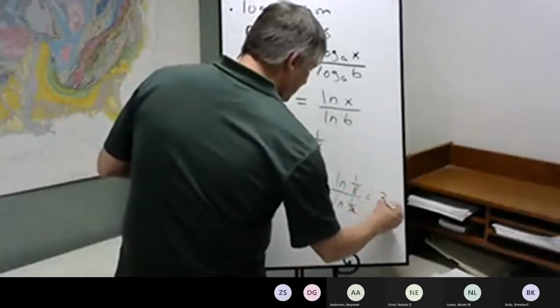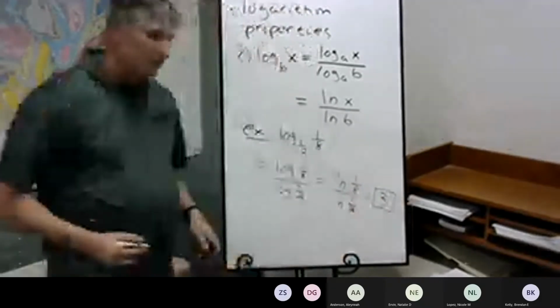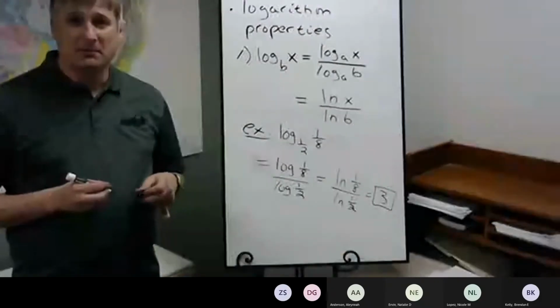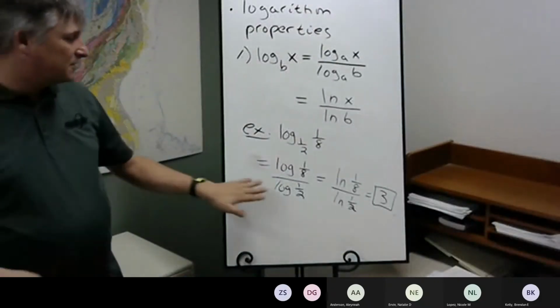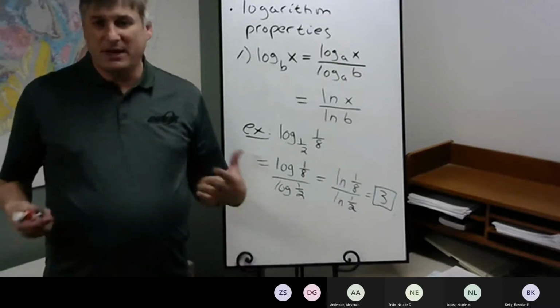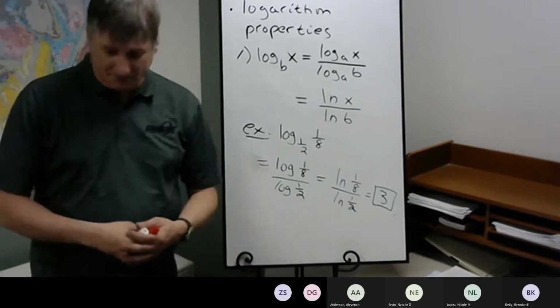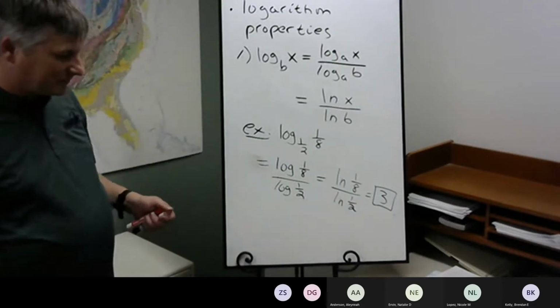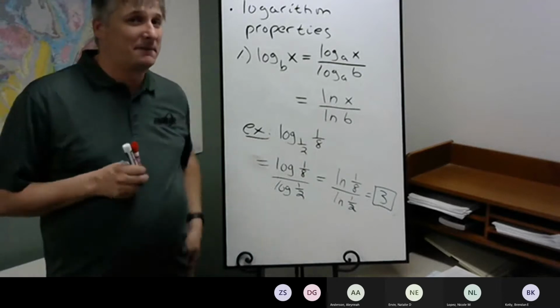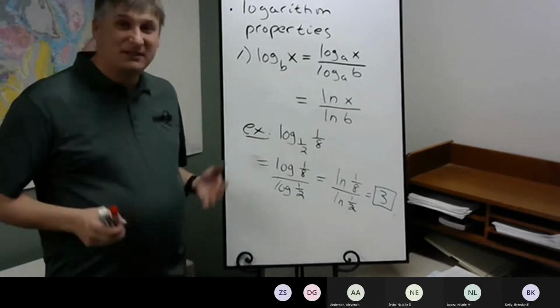Either way, either one, you'll still get the answer 3. So this lets you come up with logarithms of bases that aren't showing up on the calculator. So any questions about that? It's a nifty trick.